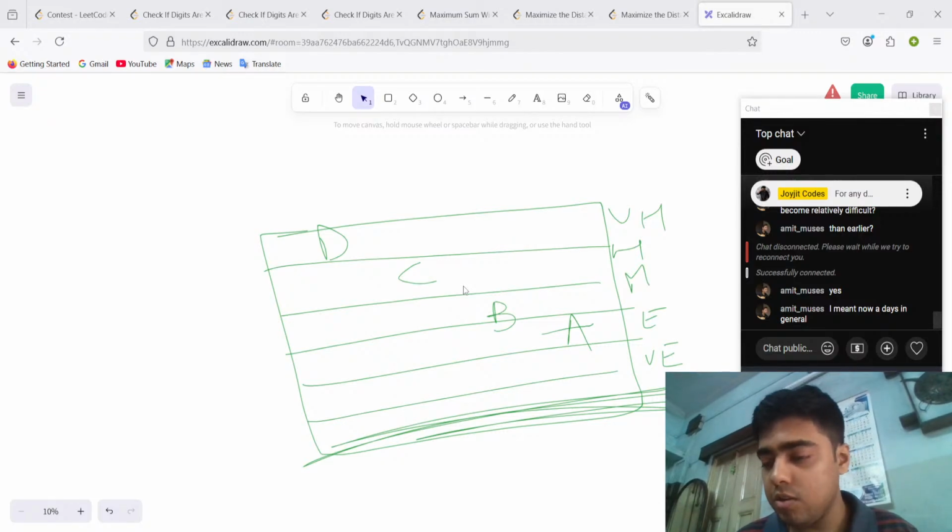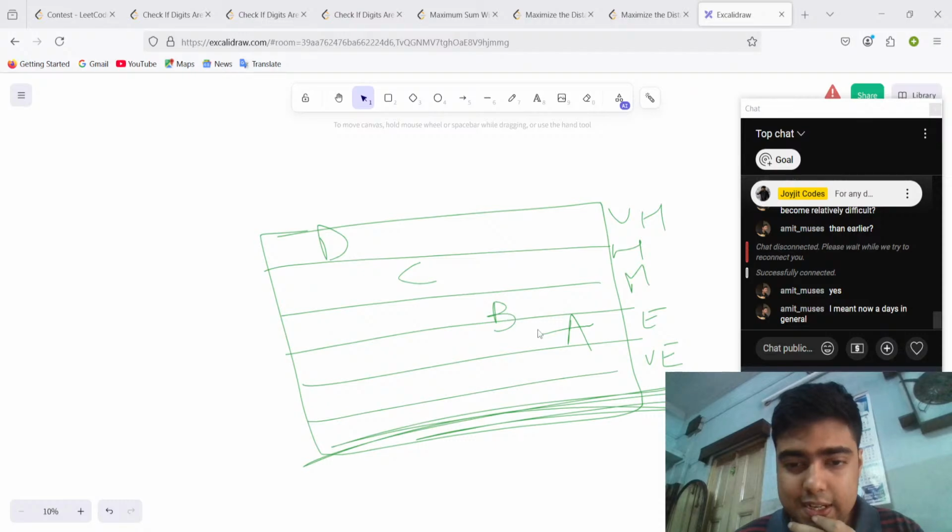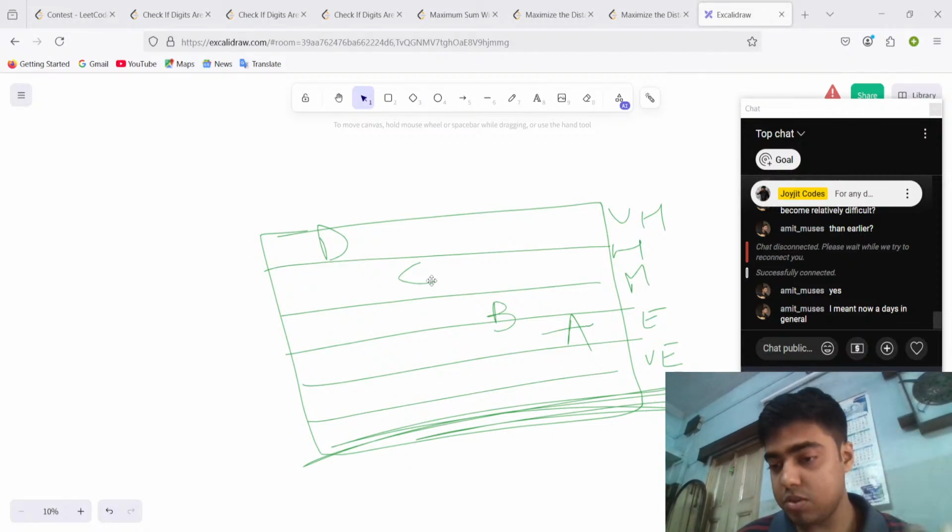Earlier, let's say B was medium and C was hard because you have to come up with those two five prime numbers and then mix it up. So that was a little bit of brainstorming, and D was a lot of brainstorming.